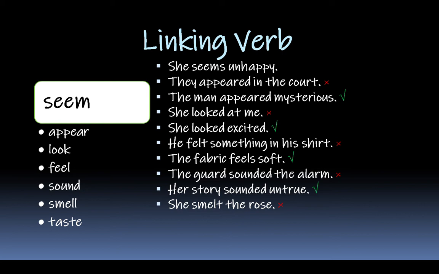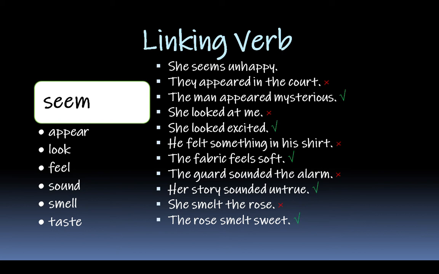Otherwise, they are not. She smelt the rose, and the rose smelt sweet. One smelt is सूंघना, and the other smelt is एक खास तरह की खुशबू देना. So the first smelt is action verb. She did something.